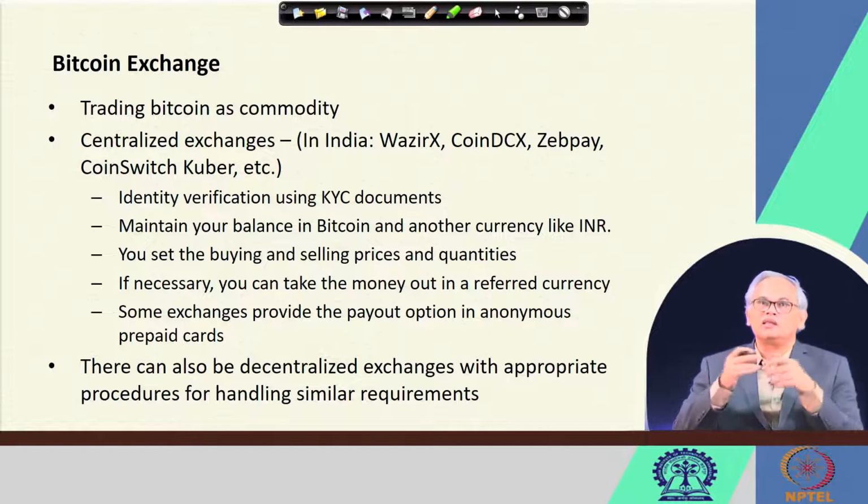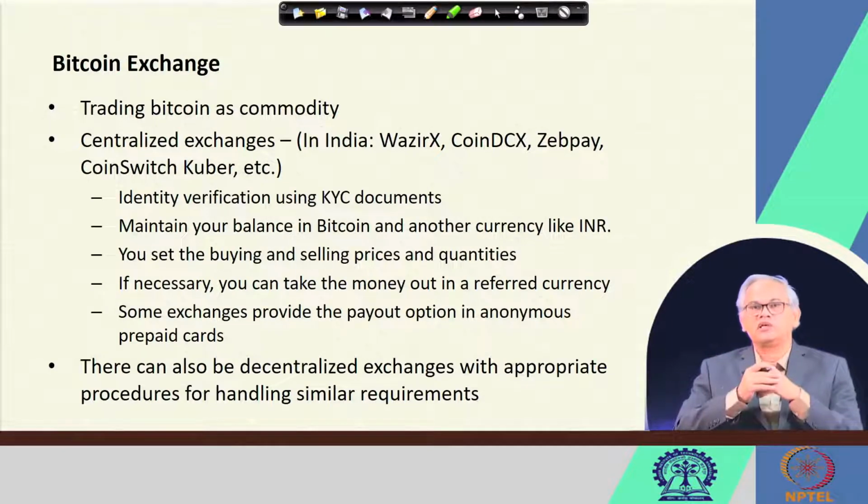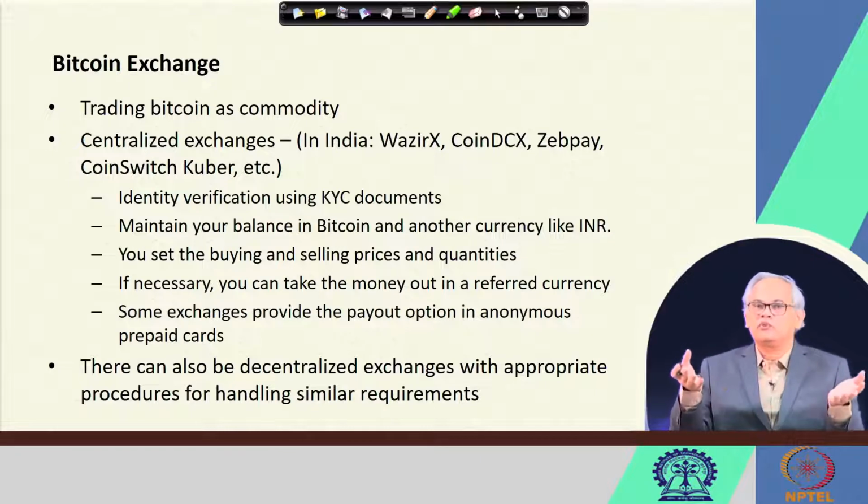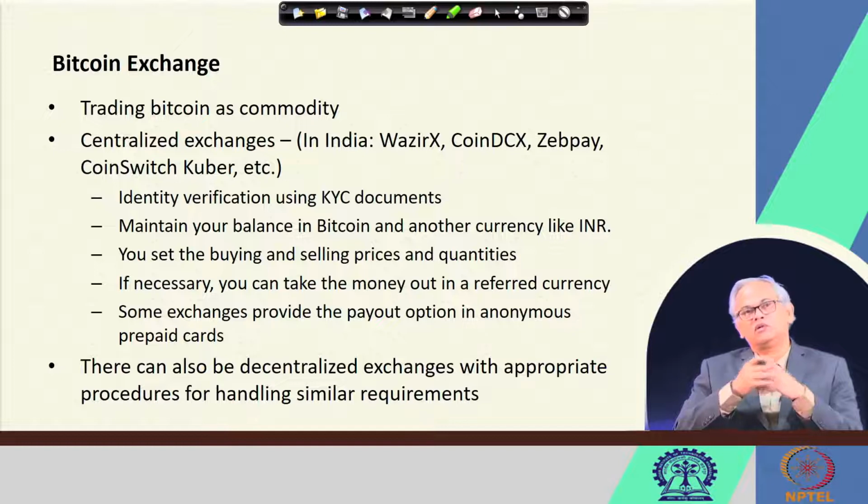So, you get that, and then you have that in Bitcoin, and you are actually not creating a node in Bitcoin, you are not doing anything, you are just trading Bitcoin as a commodity. And then say you purchased Bitcoin when one Bitcoin was some x amount of rupees, and now it is x plus delta x, and you are selling the same number of Bitcoins, you make that profit based on delta x and the number of Bitcoins that you are selling. So, it is as simple as that.